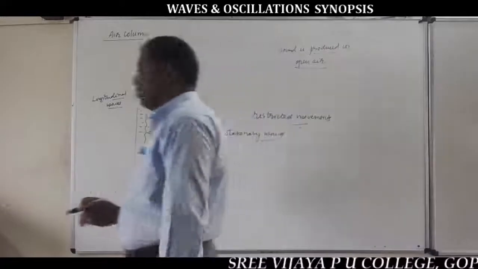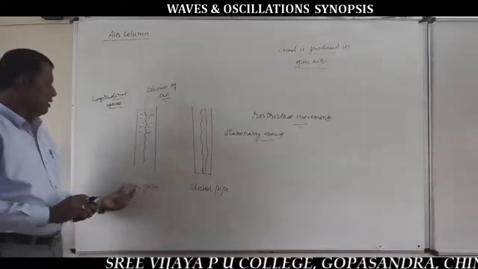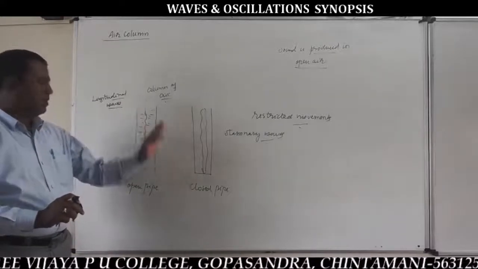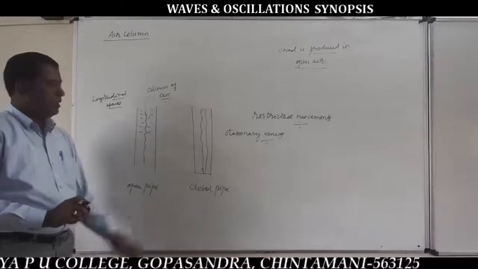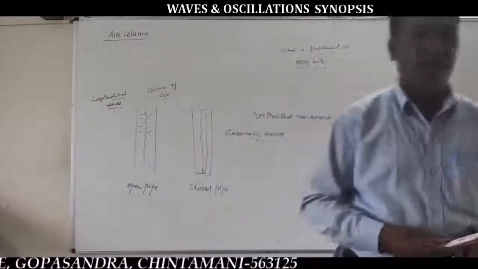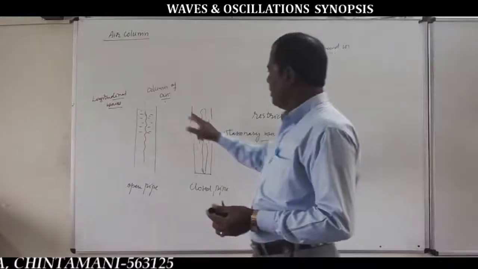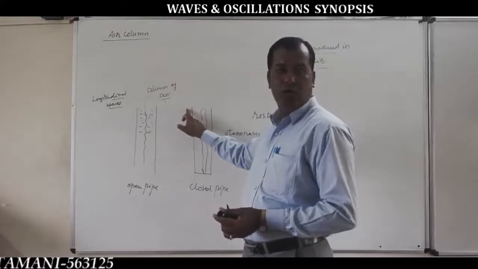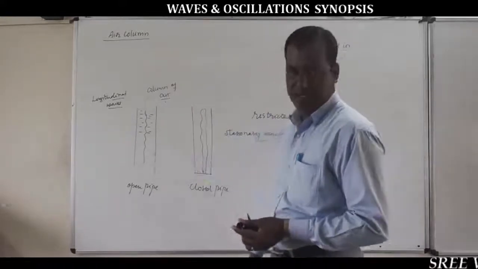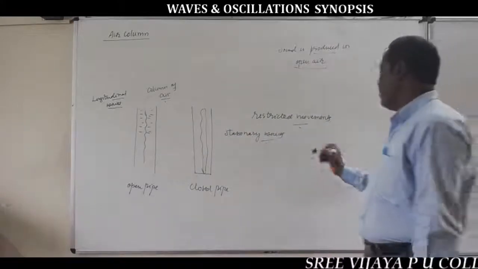Now let us see the mode of vibration of air column in closed pipe, then we will move to open pipe. So before going to mode of vibration of air column in closed and open pipe, let us see few terms which are associated with the vibrations of air column. When air is blown at the mouth of the open end of the pipe, the air column vibrates in different modes.